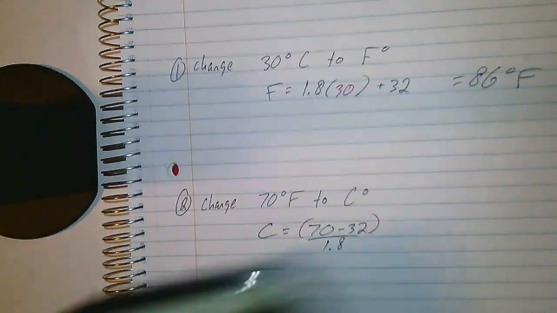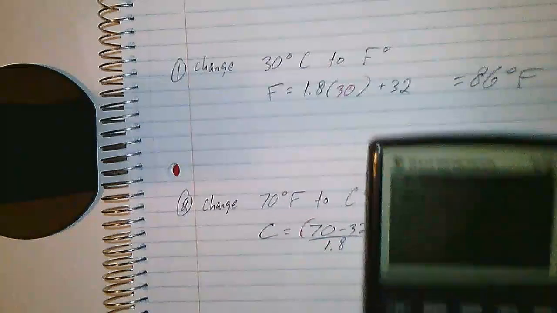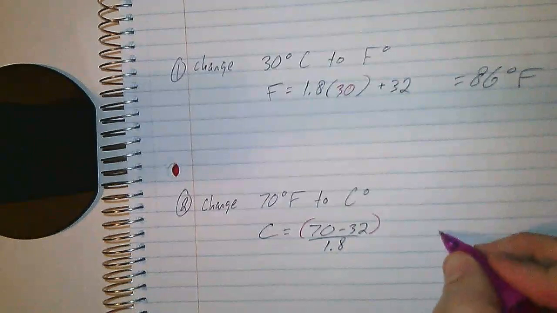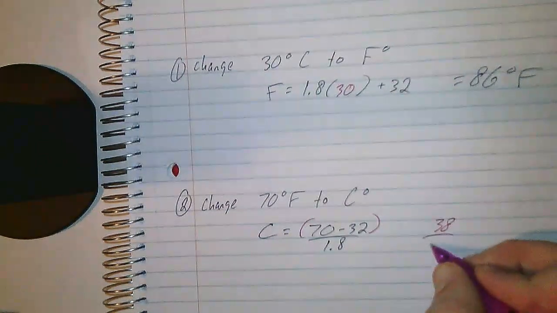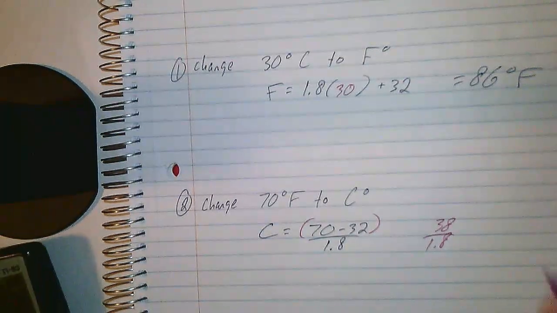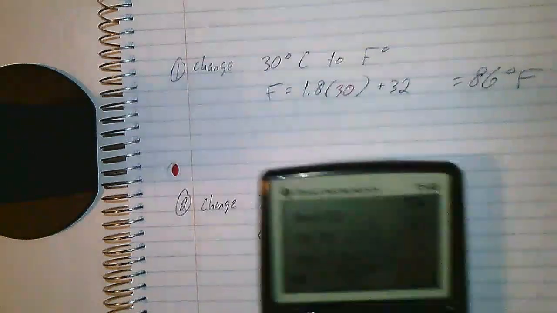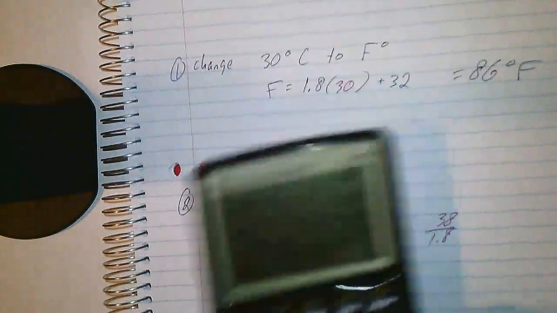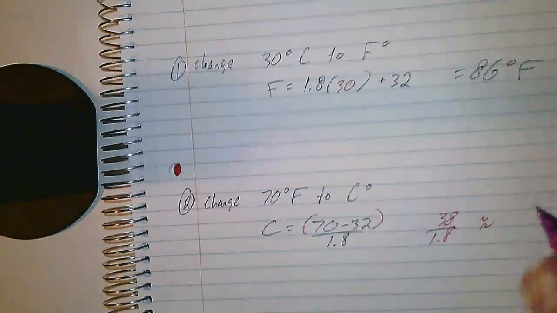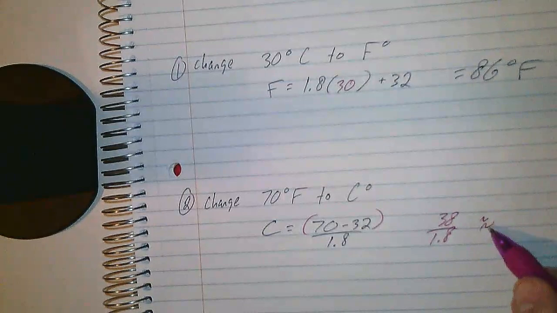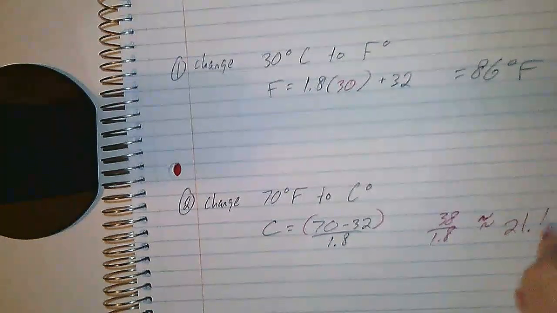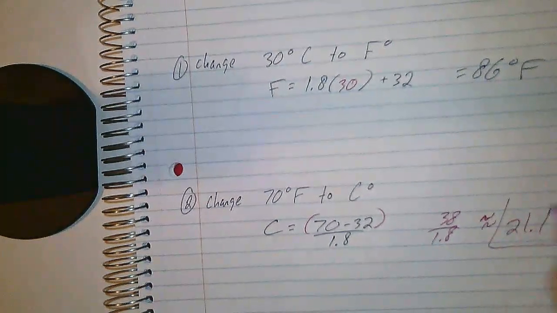You treat it like it has parentheses around it. So we have 70 minus 32, which gives us 38. And divide that by 1.8. And we get this value right here, 21.1 repeating. So this is about, when the equal sign has squiggly marks, that means it's about 21.1 degrees Celsius.